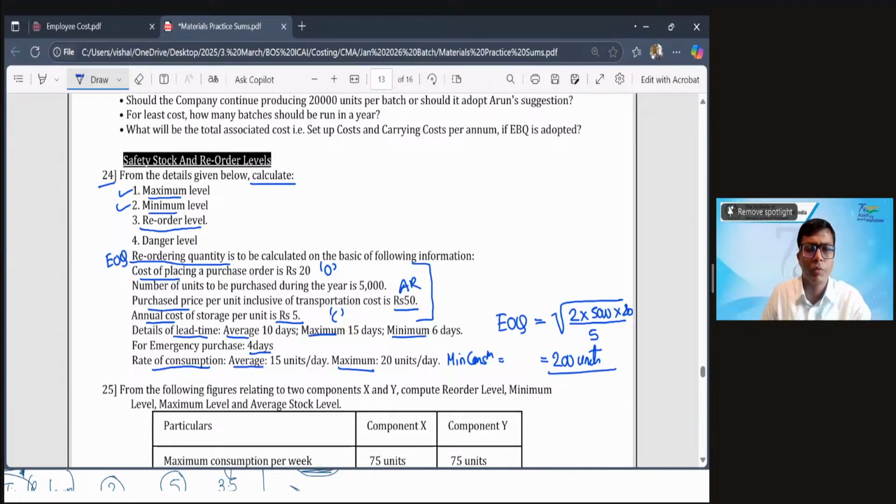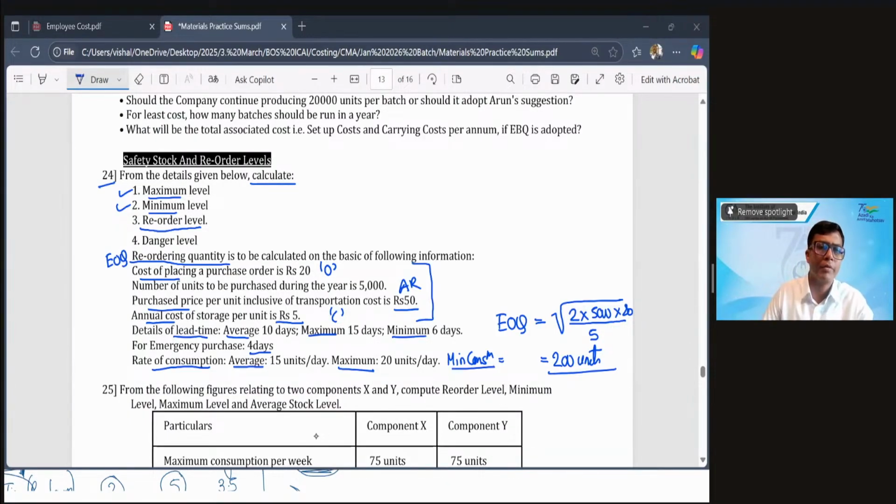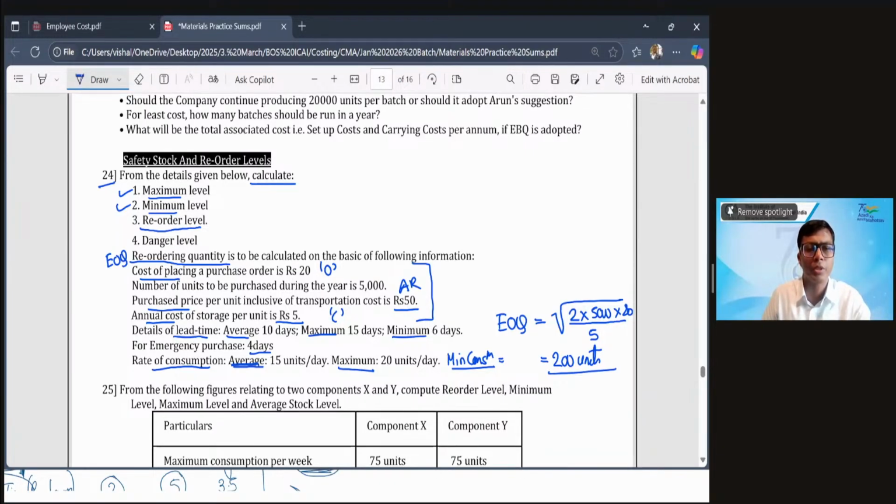Now, students, how do you find out minimum consumption? Again, simple maths. They have given you average consumption. On the basis of this average consumption, you should be able to find out your minimum. How do you find out average? Anything average is done by minimum plus maximum upon 2.